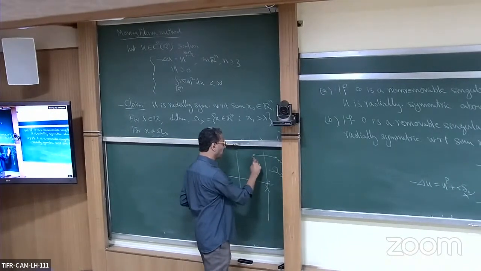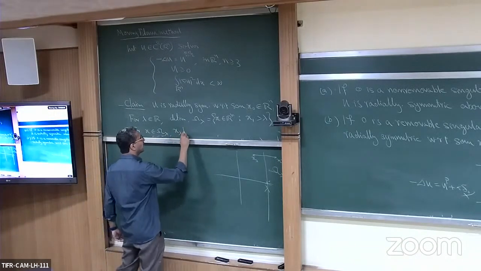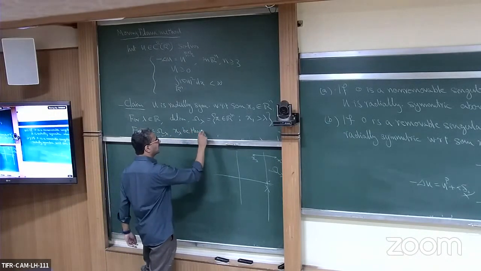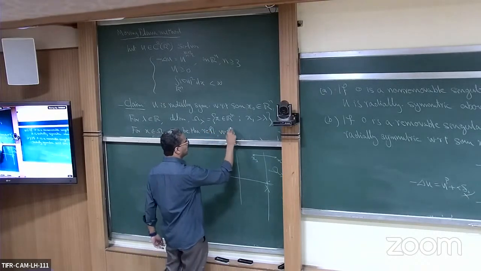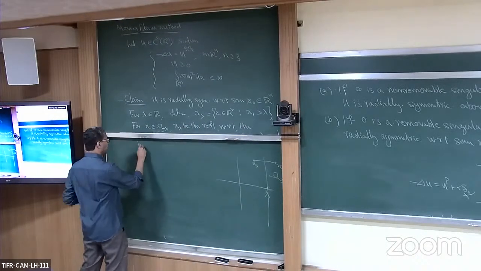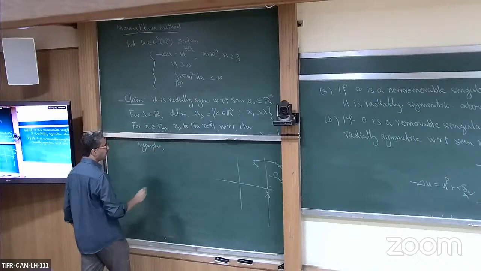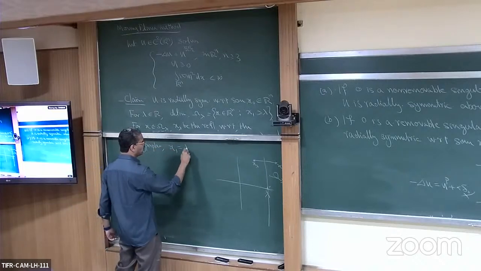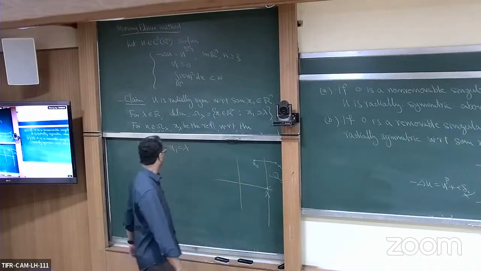This point I'm going to call x lambda, the reflection with respect to the hyperplane x1 equals lambda. That is the boundary of this omega lambda.